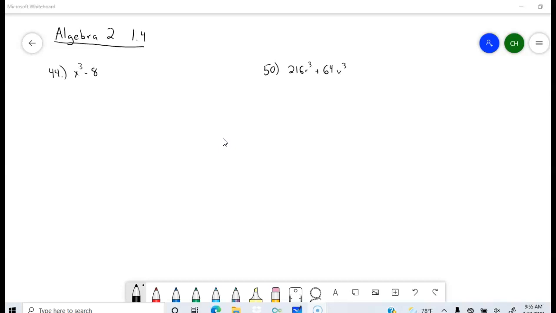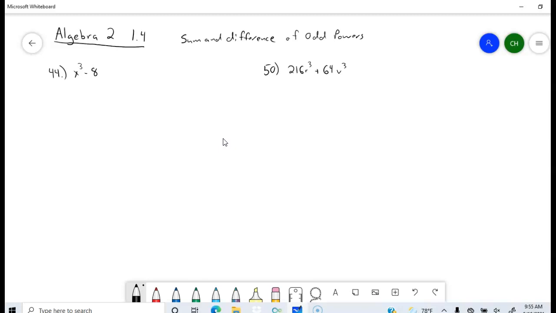What we're going to talk about, though, is the sum and difference of odd powers. Okay, so when we talk about powers, we're talking about exponents.